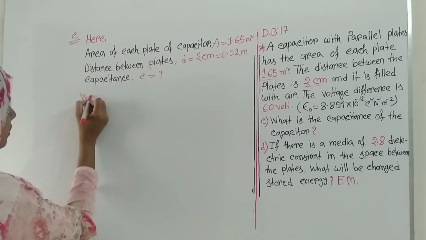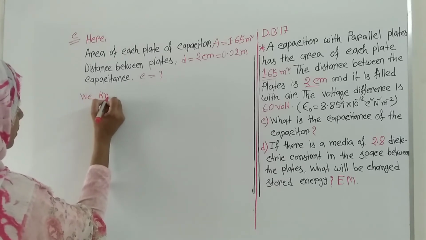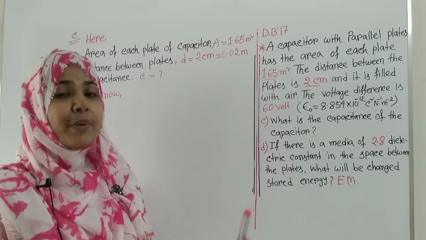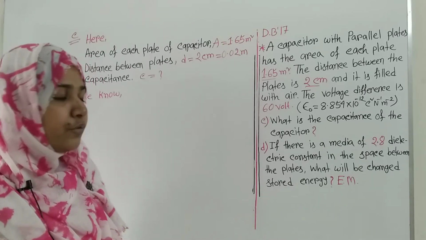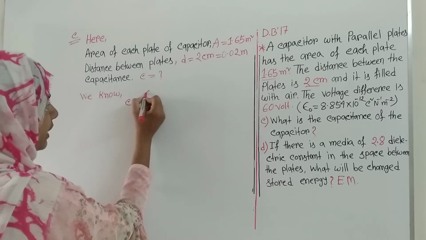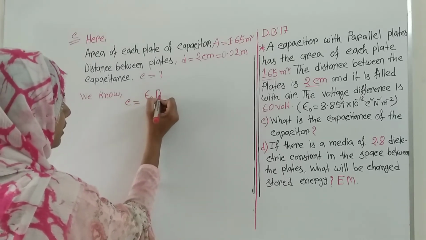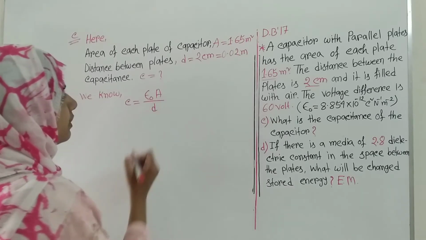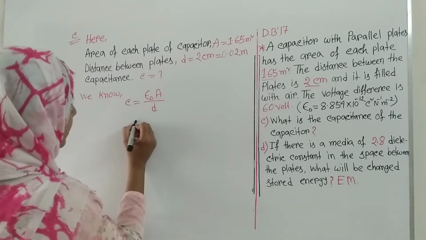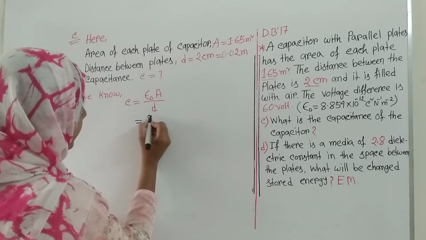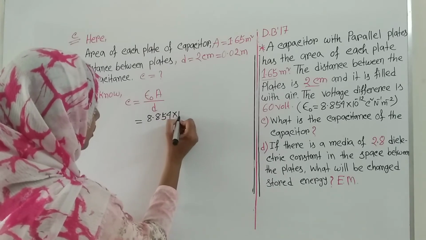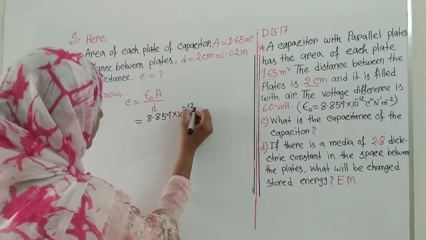Now capacitance, that is C, is equal to what? As in the question they mentioned parallel plate capacitor, for a parallel plate capacitor we can write C is equal to epsilon naught A divided by D. The value of epsilon naught is 8.854 into 10 to the power minus 12.